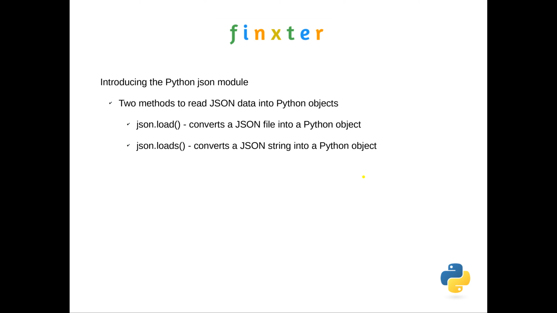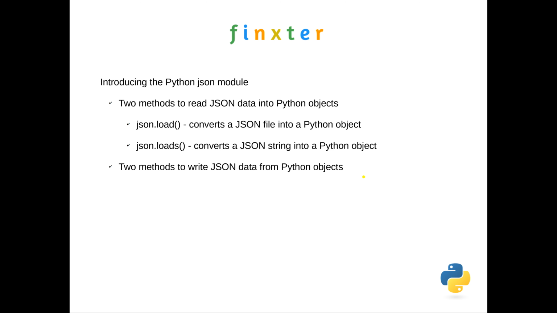There's the json.load method, which takes a JSON file and converts it into a Python object. And then there's another one which has an S on the end, json.loads, and the S stands for string. So it converts a JSON string into a Python object. If the data comes as a string rather than a file-like object, you can pass it directly to loads.